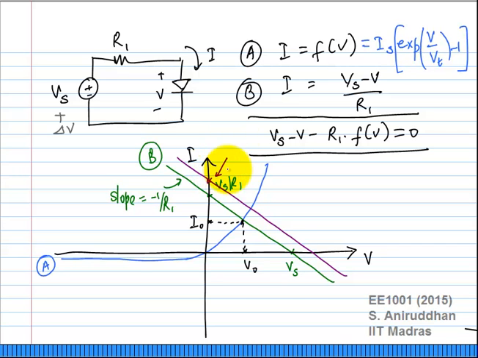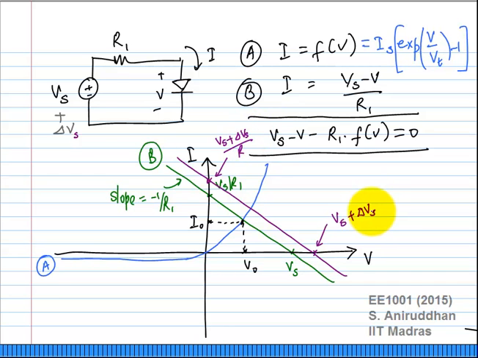The new y-intercept is (Vs plus delta Vs) by R. This new x-intercept is Vs plus delta Vs. Sorry for the mess up.